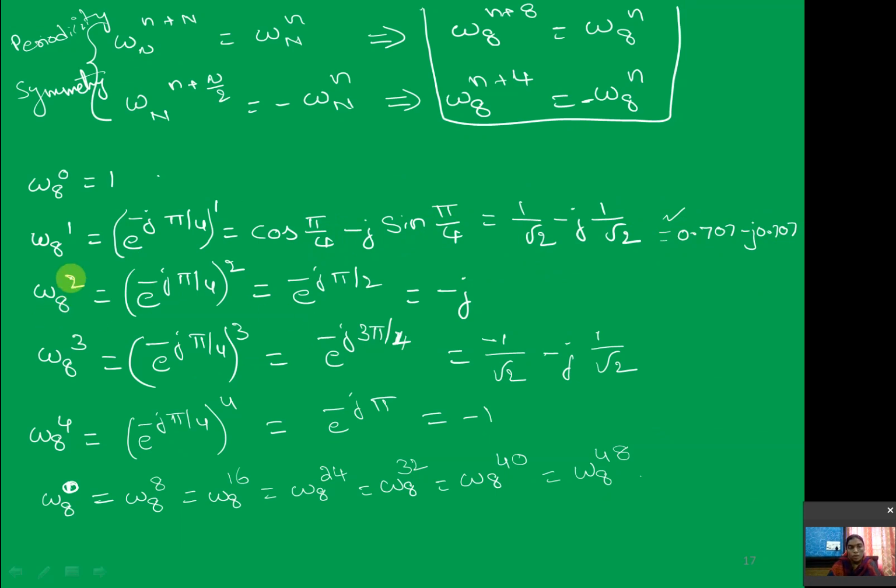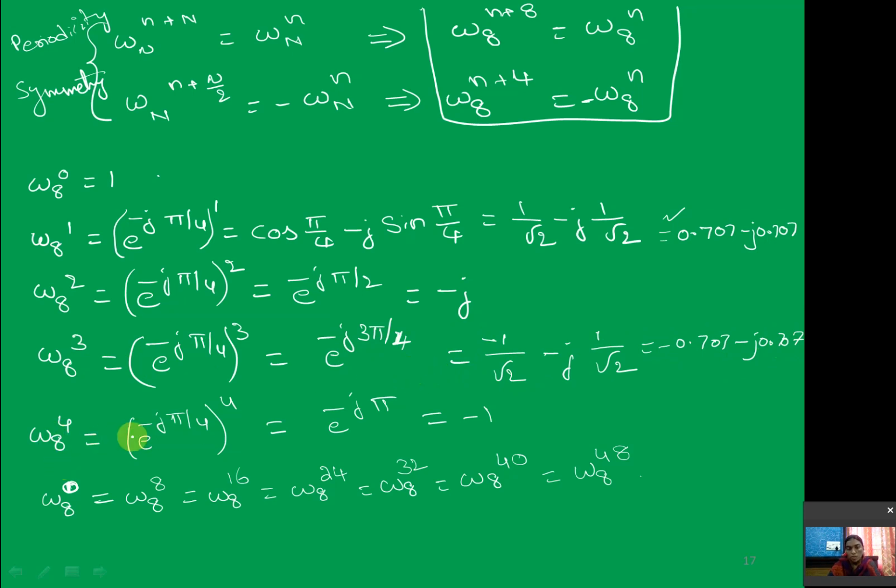Now W8 power 2 is e power minus j pi by 4 whole square, e power minus j pi by 2, that is cos pi by 2 minus j sin pi by 2, that is minus j. Now W8 power 3, e power minus j pi by 4 whole power 3, e power minus j 3 pi by 4, that is minus cos pi by 4 minus j sin pi by 4, which gives minus 1 by root 2 minus j 1 by root 2, that is also minus 0.707 minus j 0.707.